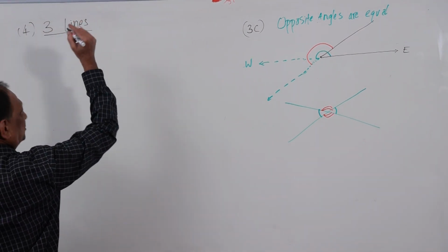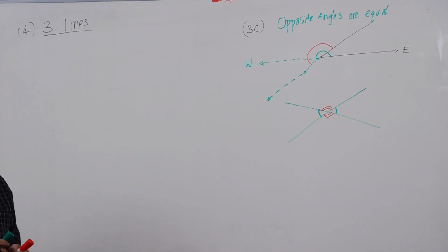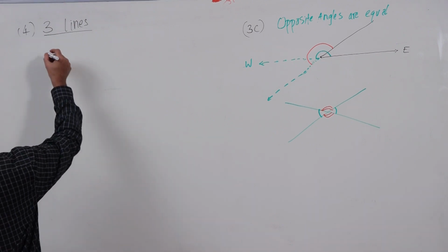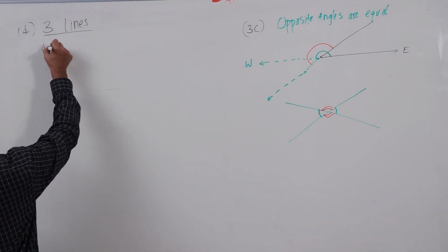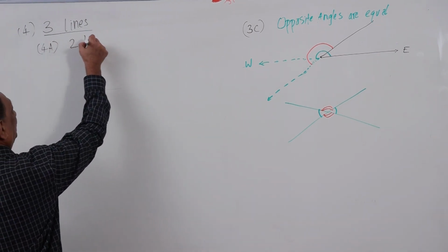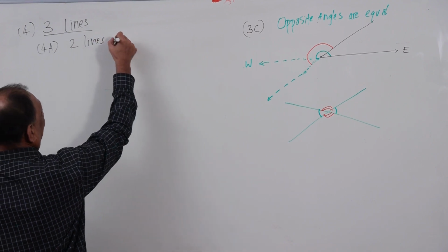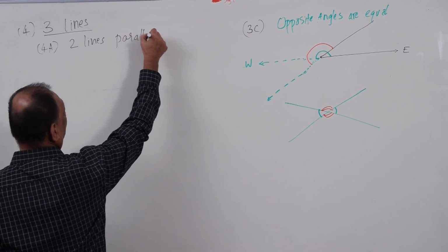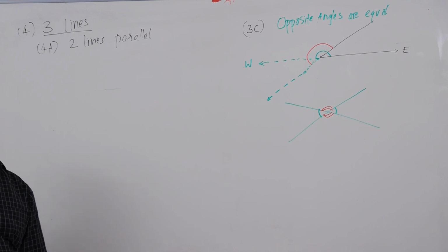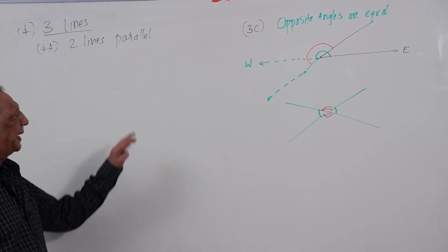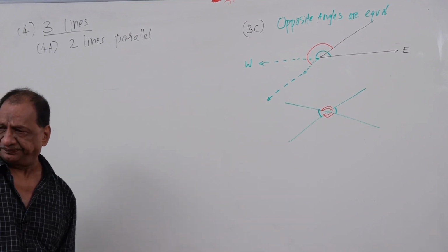Again, we have different possibilities. Parallel, not parallel business is there, right? No questions on that. So we look at the first possibility for A. 2 lines parallel and third not parallel. So I got 2 parallel lines and a third line which is not parallel to either of these, correct?